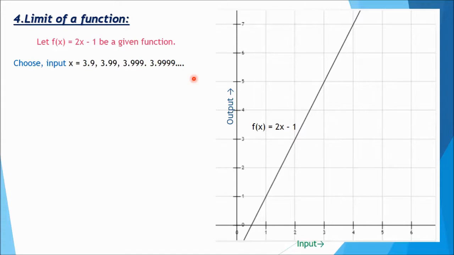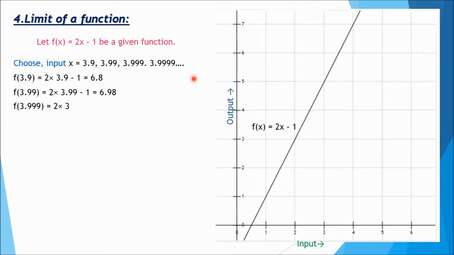Now what will be the value of the function if x is equal to 3.9? Now let's see, it will be 2 into 3.9 minus 1, that is 6.8. Now what will be the functional value at x is equal to 3.99? That will be 6.98. And what will be the functional value of f(x) at x is equal to 3.999?